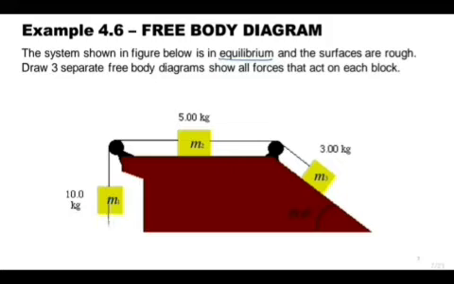M1 experience weight downward and also tension. M2 experience weight downward, normal force, tension with 2 different tension, and also frictional force to the right.